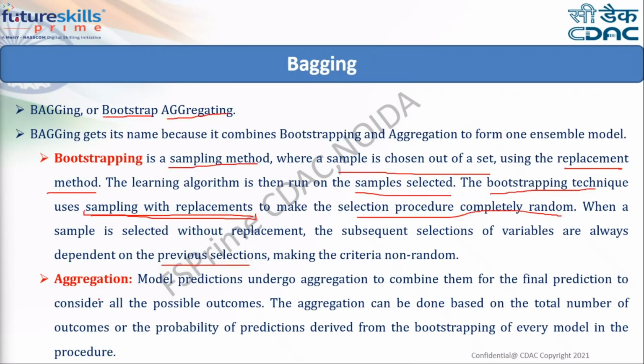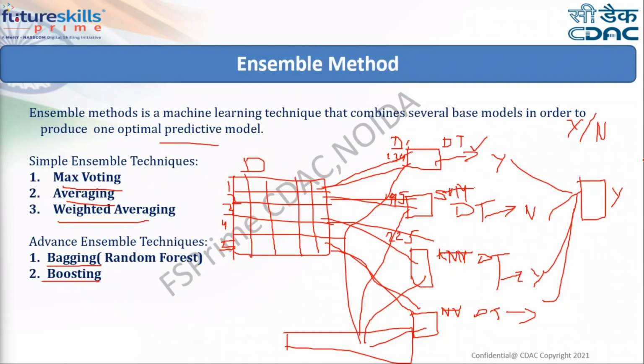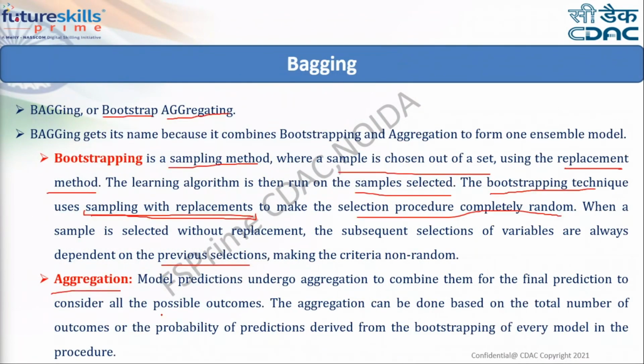Now, aggregation is the term which we have just seen, where we aggregate the results. In aggregation, model predictions are combined for the final prediction, to consider all the possible outcomes. All the outcomes are considered, and then the result will be aggregated and the final outcome will be taken.